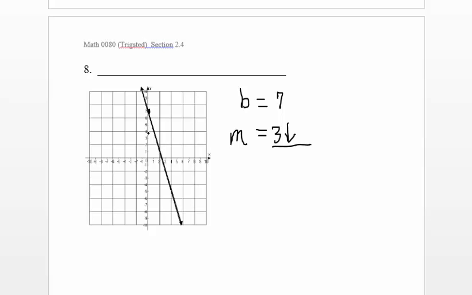And then I have to move 1 unit to the right. A down movement is negative, so my rise is negative and my run is positive. So the slope is negative 3. So y equals mx plus b, y equals negative 3x plus 7.